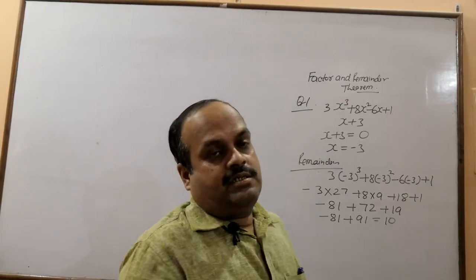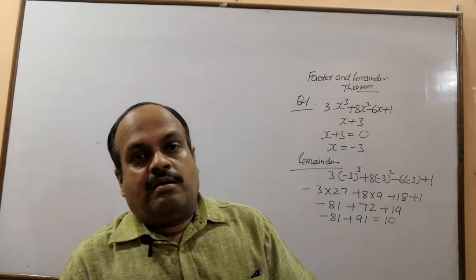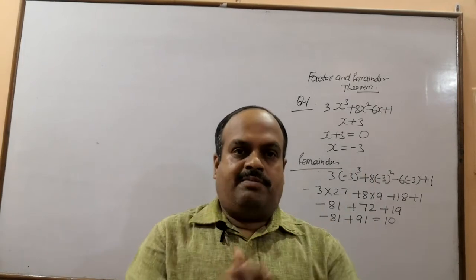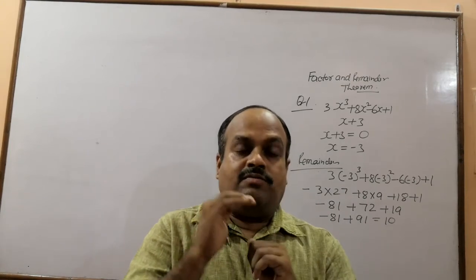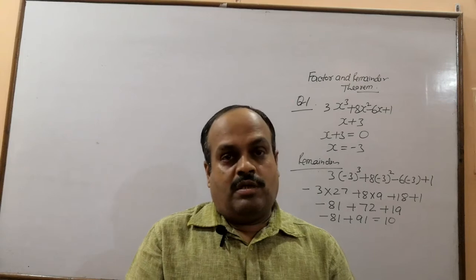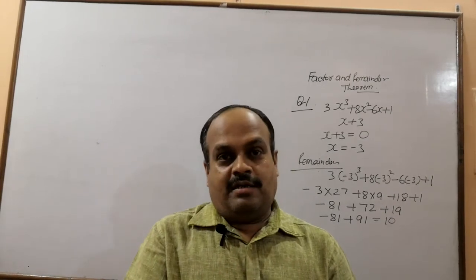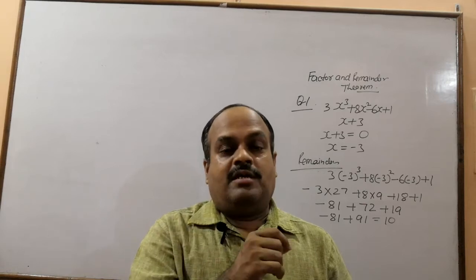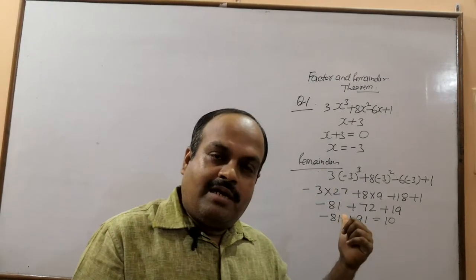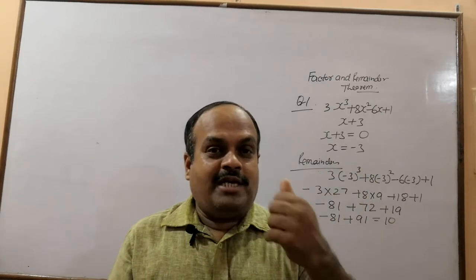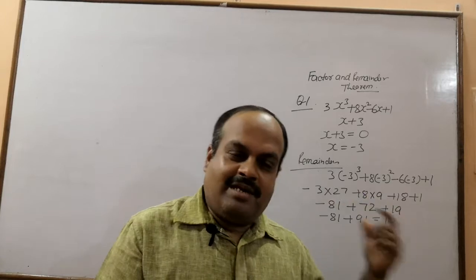Let us do this question by actual division. We need not do this, I just want to explain how we get the remainder with actual division. Here I got the remainder without doing actual division, meaning I used the remainder theorem.